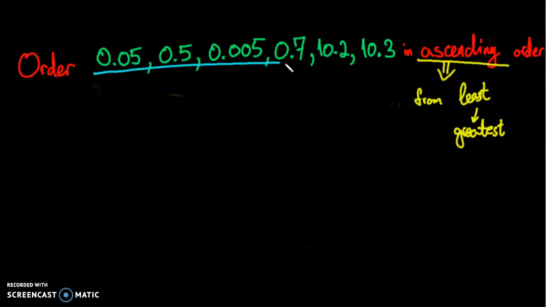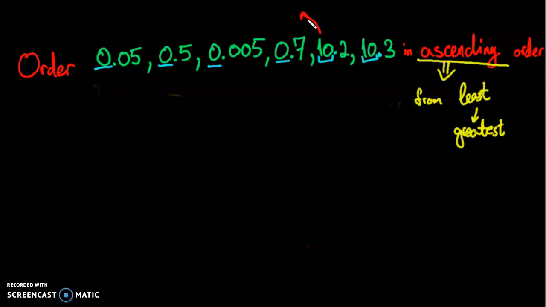Now let's try to order these decimals in ascending order, which means from least to greatest. So let's start comparing with the first number. So the number before the decimal is 0, 0, 0, 0. Here, the number before the decimal is 10, and the number before the decimal here is also 10. So, what's bigger, 10 or 0? Of course, 10 is bigger. So we leave these two for now, because we're going from least to greatest now.